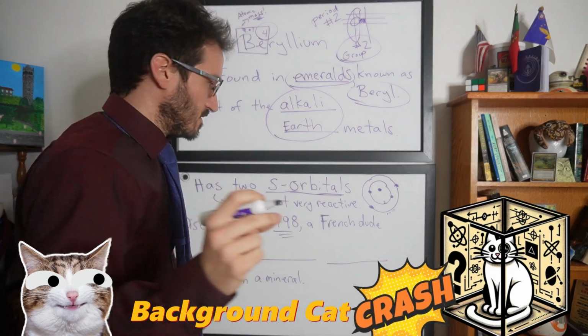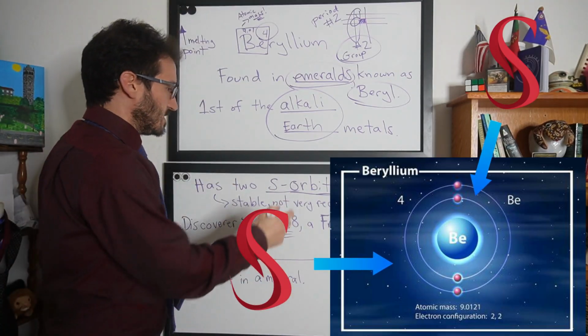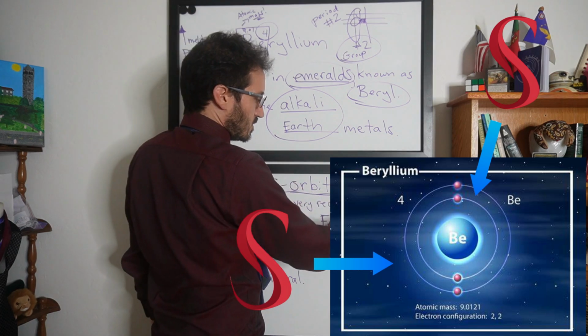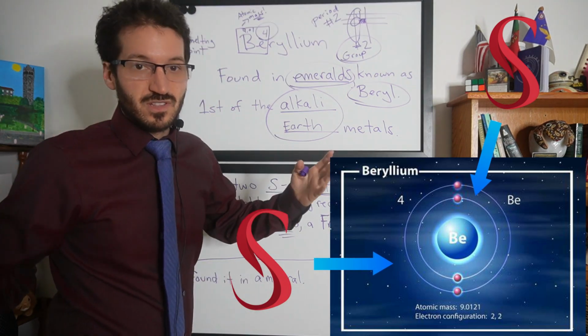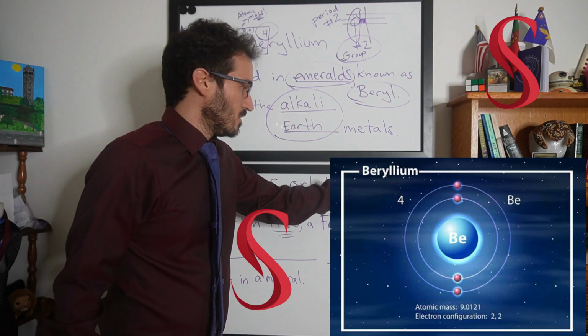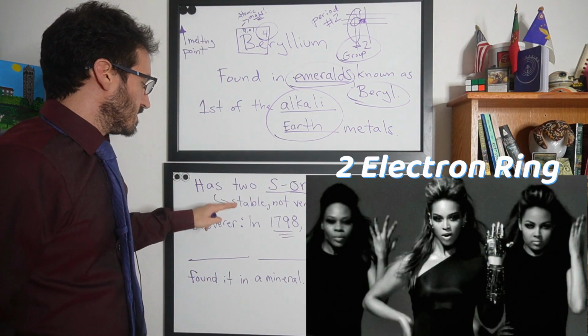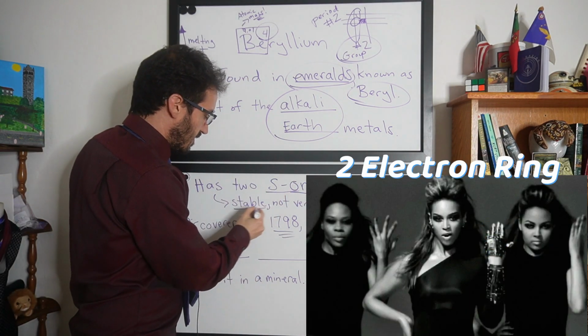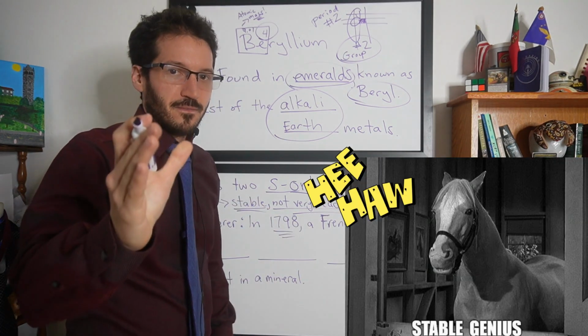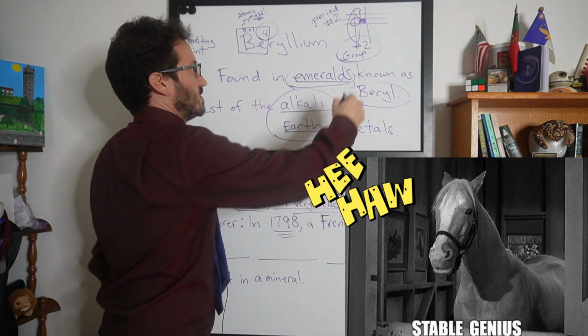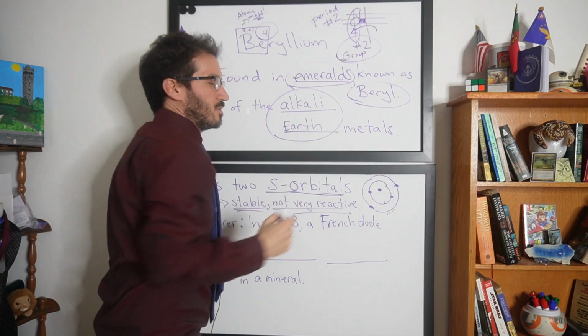Anyway, just know now they call it orbitals, but it has 2 of these guys, and they call those s orbitals. Well, because there's 2 electrons in the last ring and the last orbital of beryllium here, this makes this atomic nucleus very stable and not very reactive. Unlike lithium, unlike the alkali metals just to the left on the periodic table.